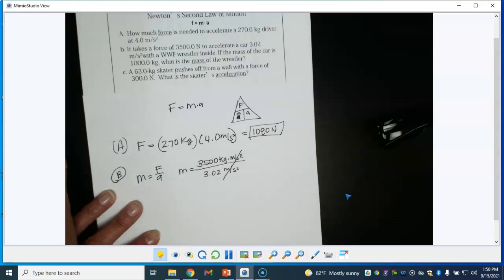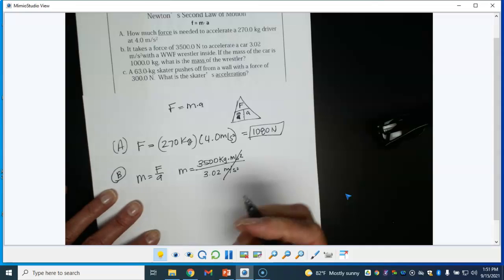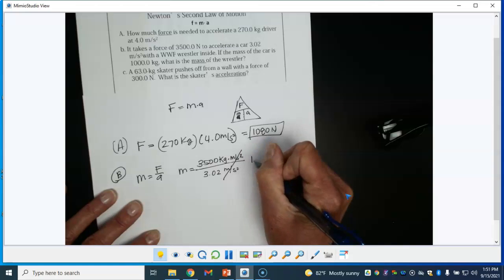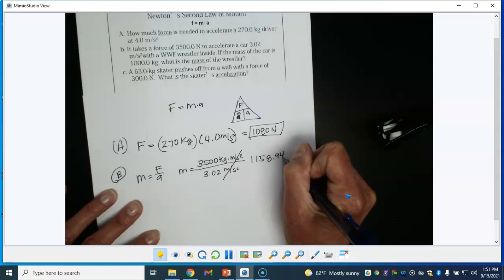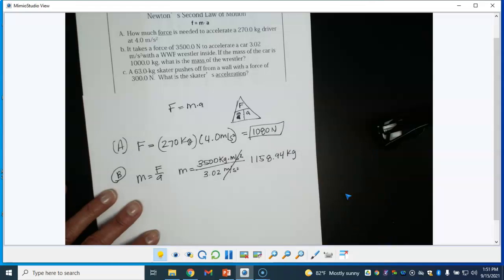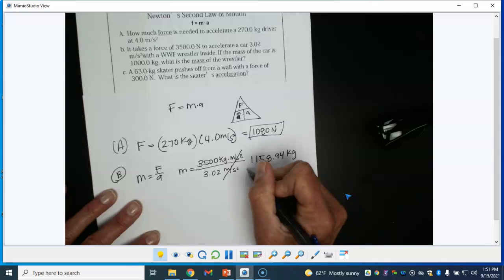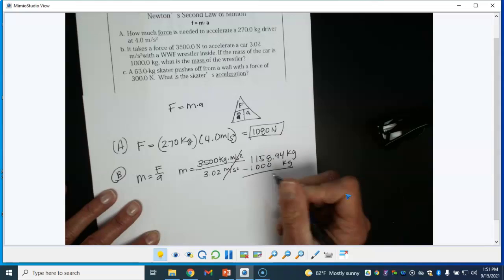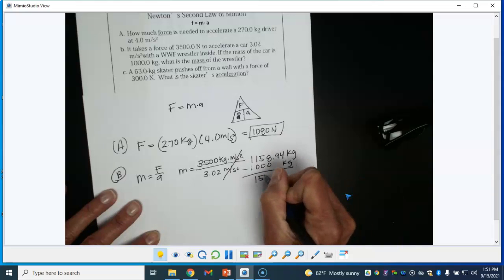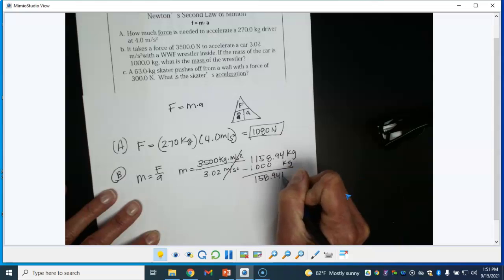So my meters per second squared cancel out, and I'm going to divide 3,500 by 3.02, and that is going to give us 1,158.94 kilograms. So that is the mass of the wrestler in the car. We want to know just the mass of the wrestler. So if we subtract the mass of the car, it will tell us our wrestler has a mass of 158.94 kilograms.